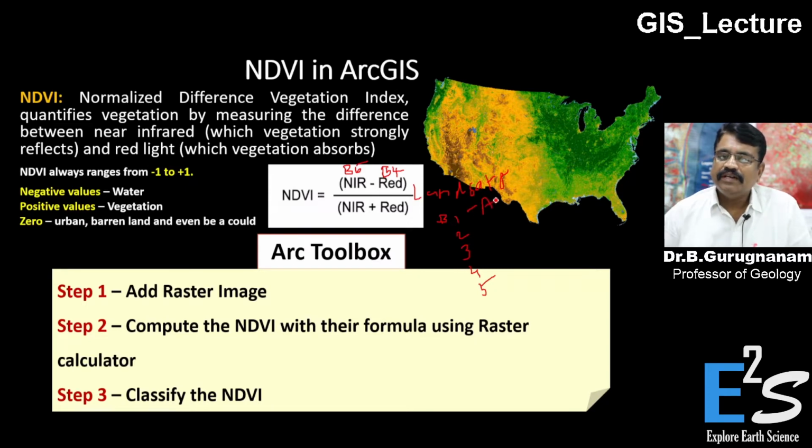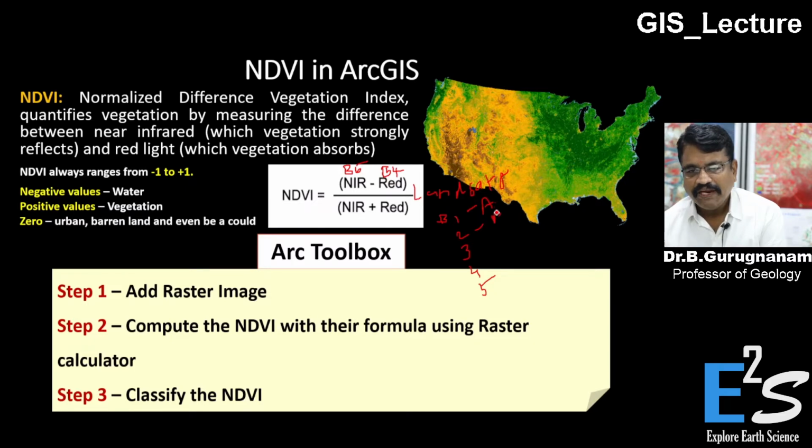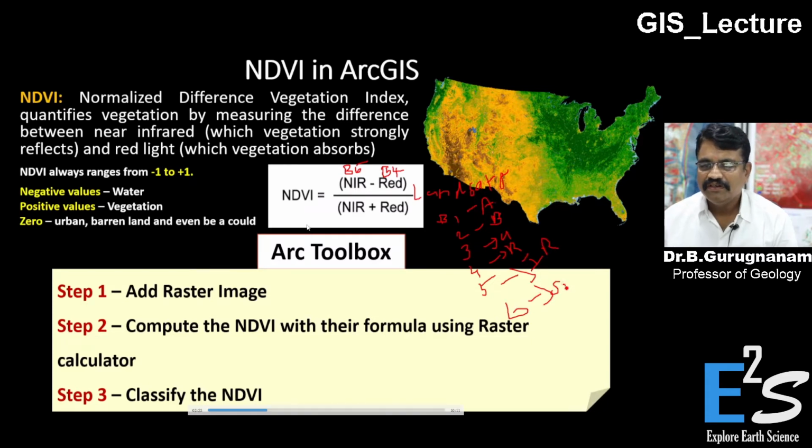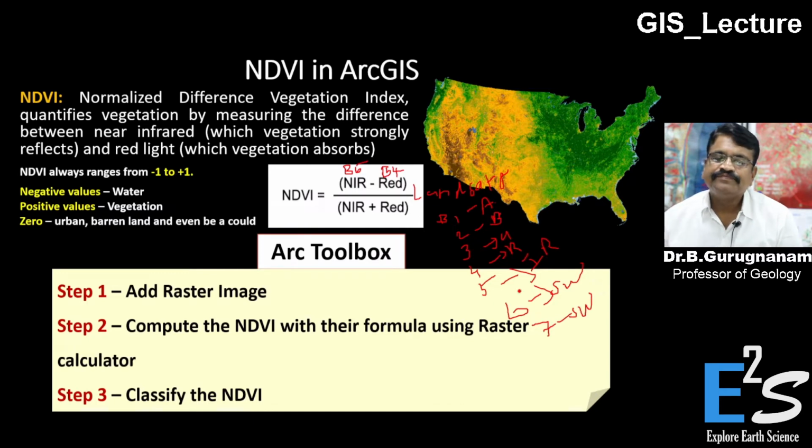Band 1 is aerosol, band 2 is the blue band, band 3 is the green band, band 4 is the red band, band 5 is the near infrared band, and bands 6 and 7 are shortwave infrared, which is divided into two parts.